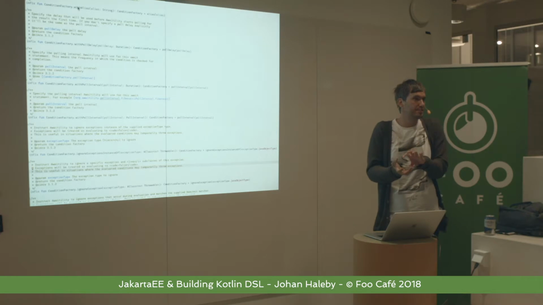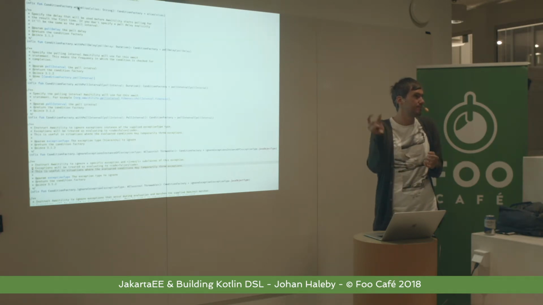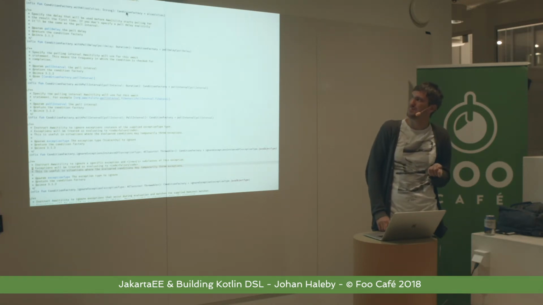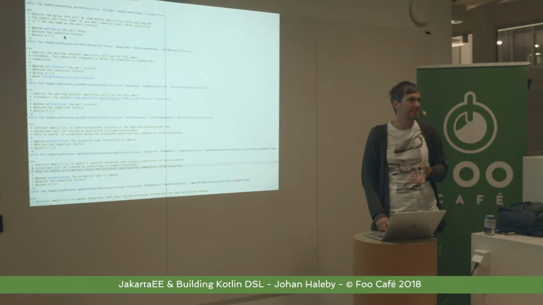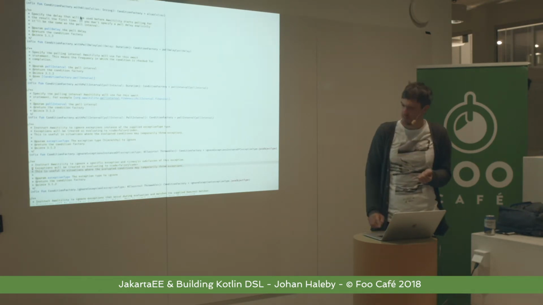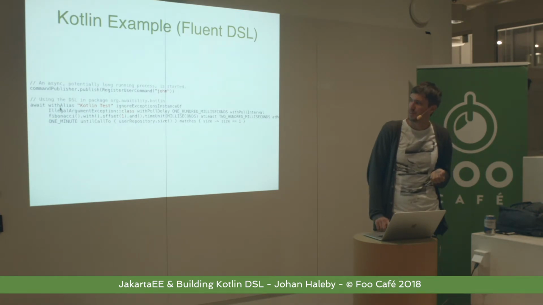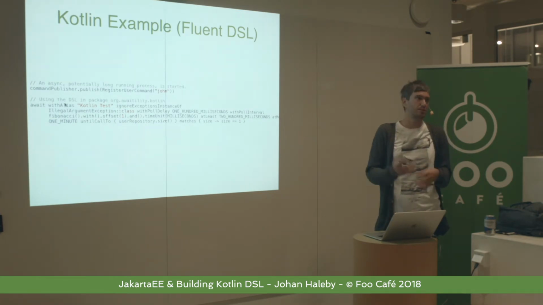But since this is implicit, we don't have to explicitly call this. So this actually calls alias on the instance of condition factory that we are extending. Yeah, and that's it. So this is what allows us to write with alias without the dots and the parentheses.